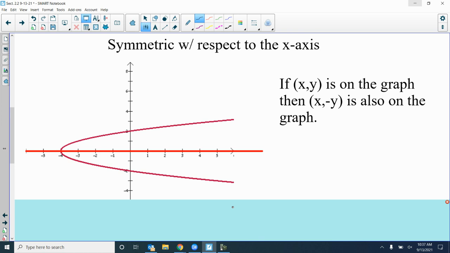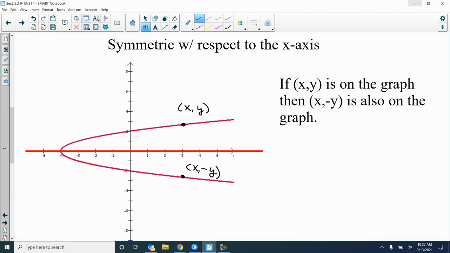If (x, y) is on the graph, then (x, -y) is also on the graph. So here's (x, y), and then you should see that across that axis, that would be the point (x, -y). The x values are the same. Doesn't matter whether y is positive or negative, you get the same x.